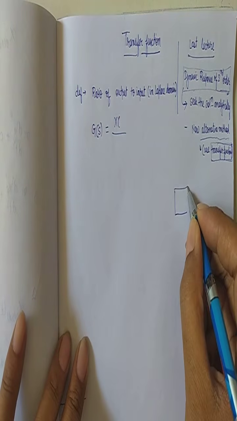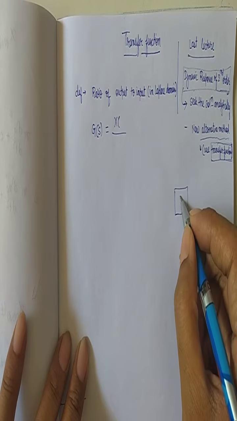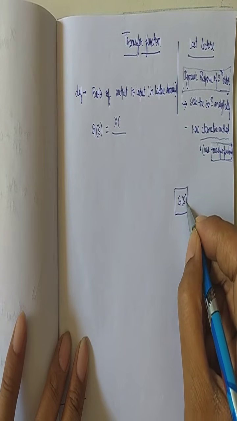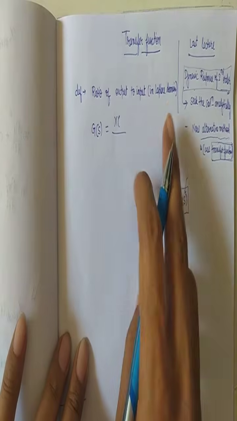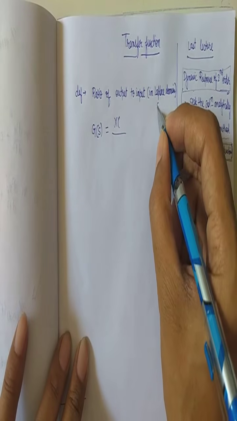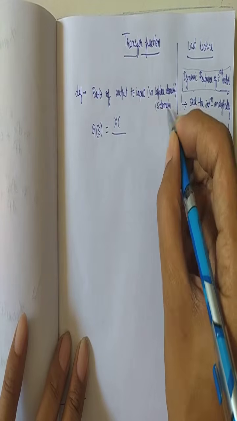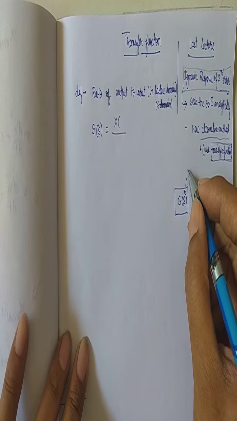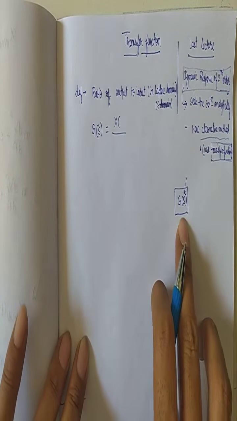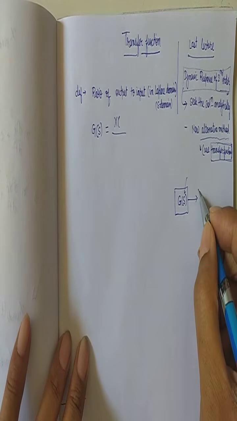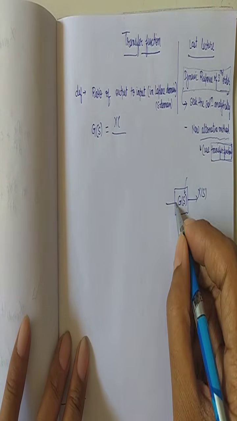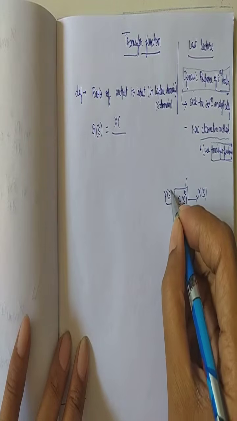Let's suppose you have a plant in S domain, or Laplace domain. Usually we call it S domain. So this is your X(s) and your input is Y(s).